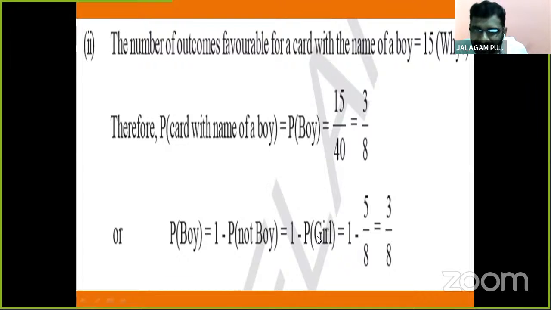Not boy means girl. So 1 minus P of girl is equal to 1 minus 5 by 8, already found. 8 is the LCM. So 8 minus 5, 3 by 8. So we can find it like this, using the complementary formula also.